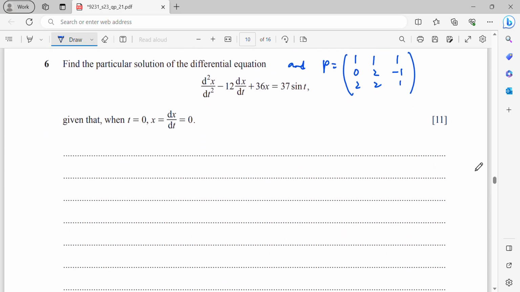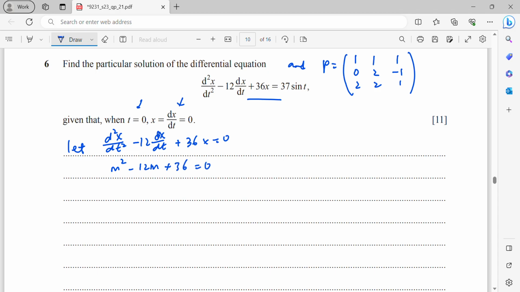Now question number 6. Find the particular solution of the differential equation given t0, x and dx dt equals to 0. So now, I will let the right hand side be 0 first. And then my auxiliary equation will be a quadratic.